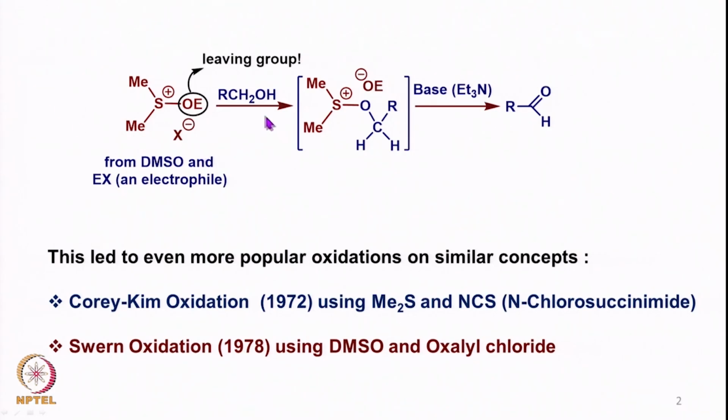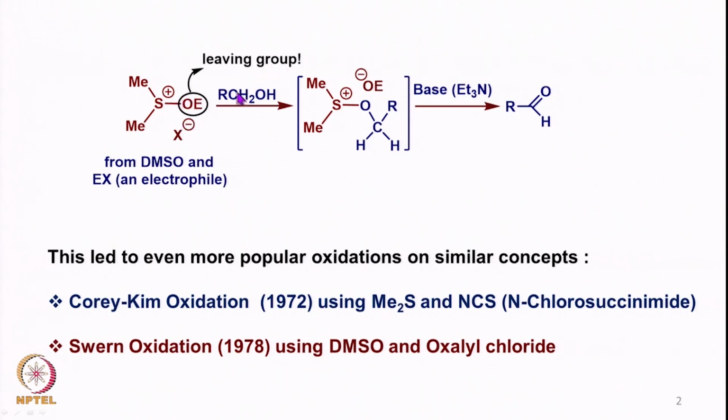So basically what we had discussed was that DMSO is activated by an electrophile, whether it is DCC or phosgene or pyridine sulfur trioxide, to form an intermediate of this kind, where the oxygen of the DMSO is basically reacting with the electrophile to form a leaving group.